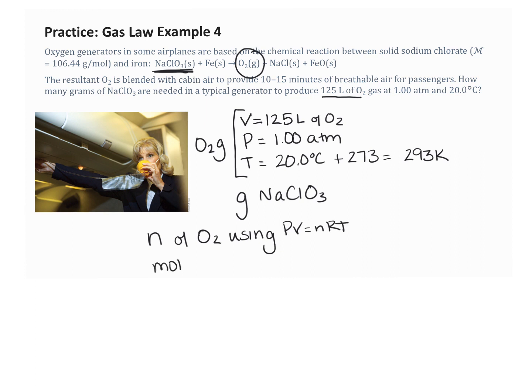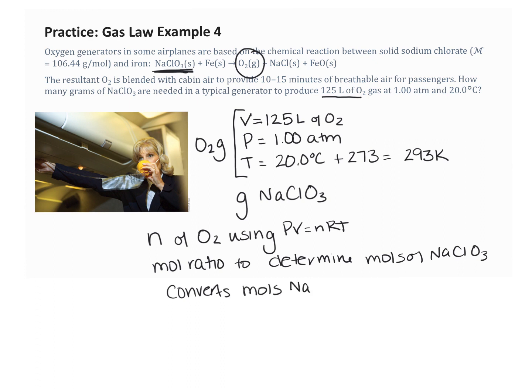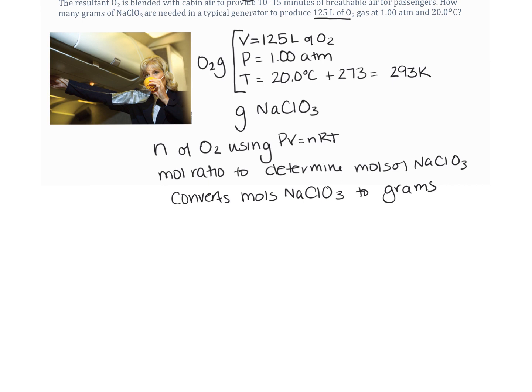Then we are going to use the mole ratio to determine the moles of NaClO3, right? And then from the mole ratio, we're going to convert the moles of NaClO3 to grams. Okay, so here we go. 1, 2, and 3. So we can solve this problem in 3 steps. And really, we can combine 2 and 3. So I'll show you how to do that.